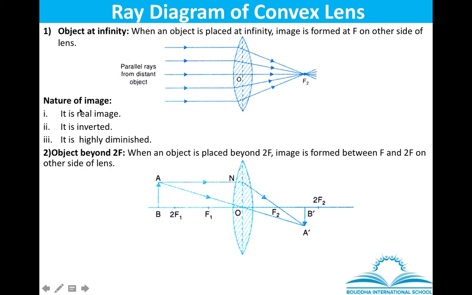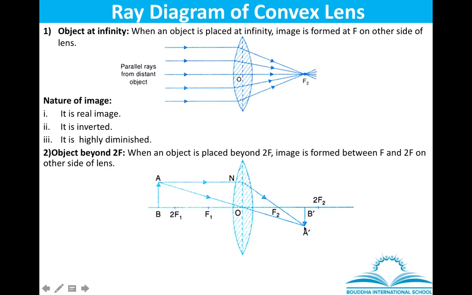Now the second condition, object beyond 2F. So in every step we are coming closer. In condition 1, the object was very far, that's why it was object at infinity. And in the second step, now we are coming one step closer to the convex lens, so it will be object beyond 2F. One ray always goes parallel to the principal axis, so according to rule number 1, it will pass through the focus, and another ray goes through the optic center, and according to rule number 2, it passes without bending.